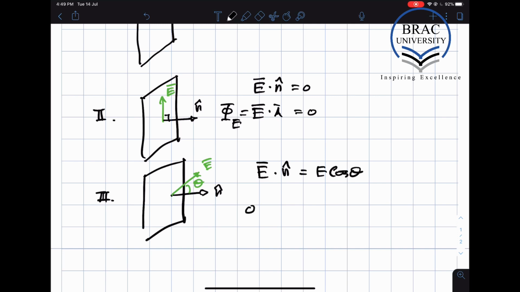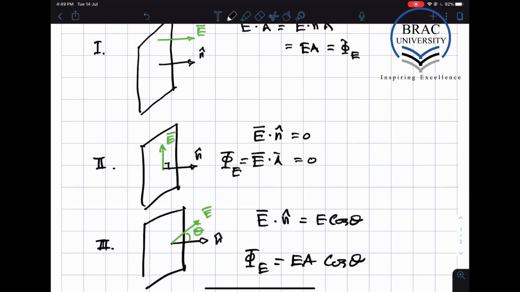And in that case, the electric flux is given by E A cosine of theta. Note that the first two cases are extreme cases of this, where in case number 1, the angle theta is 0, and in case number 2, the angle theta is 90 degrees.